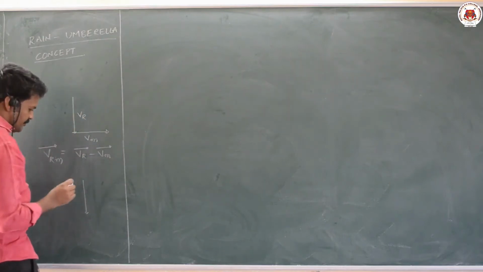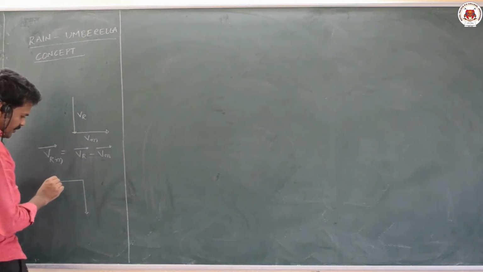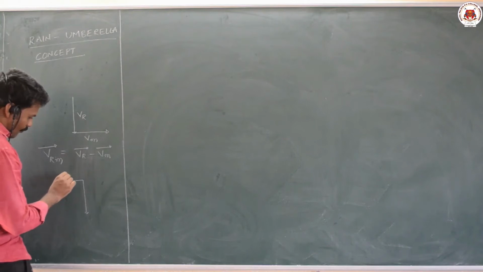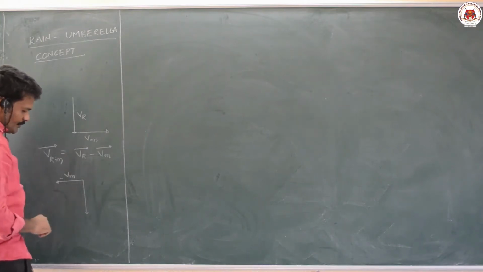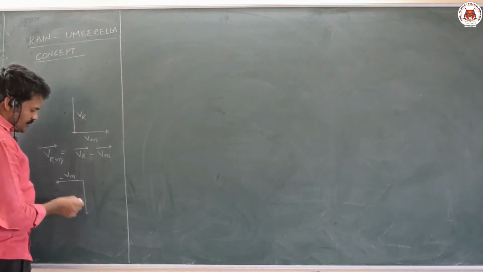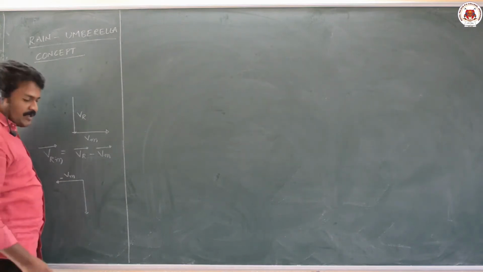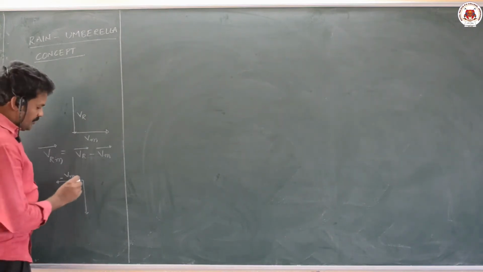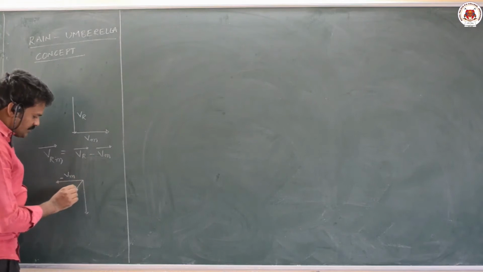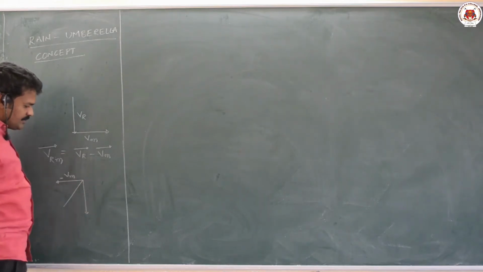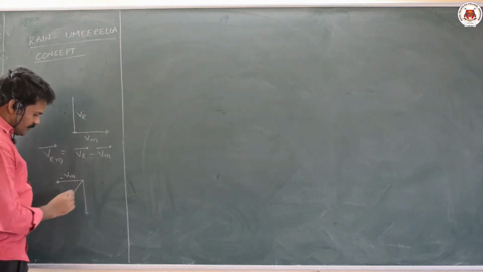Draw minus Vm. This is the velocity of man. These two represent two adjacent sides of a parallelogram. Then the diagonal gives the direction of the resultant. This is the diagonal. This is the relative velocity.